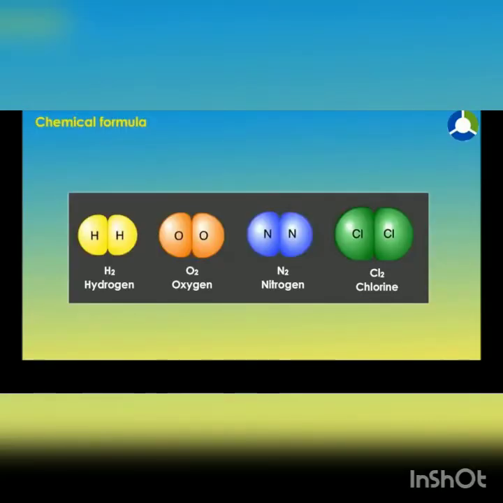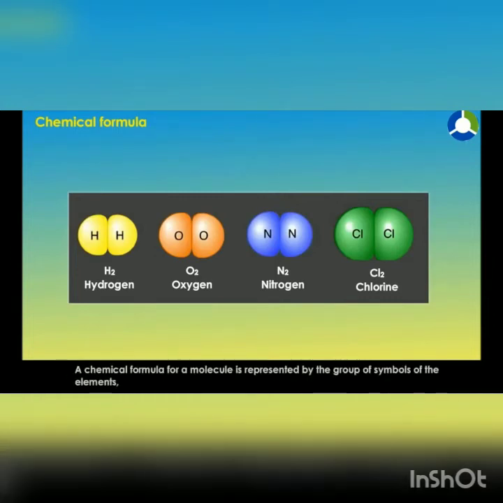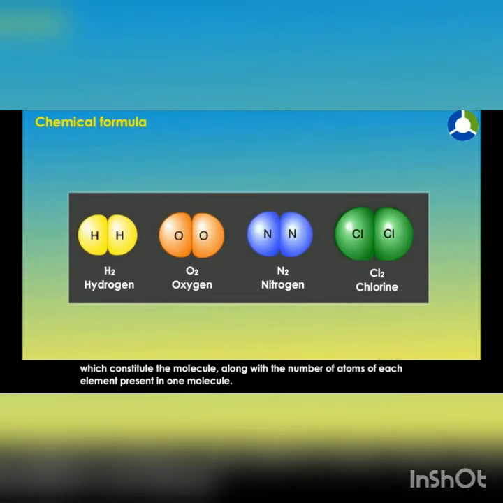Chemical formula. A chemical formula represents one molecule of an element or a compound. A chemical formula for a molecule is represented by the group of symbols of the elements which constitute the molecule, along with the number of atoms of each element present in one molecule.